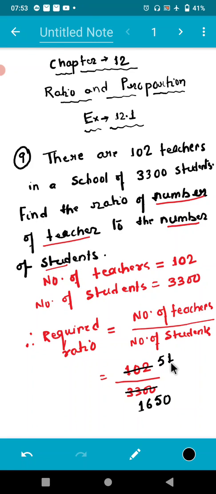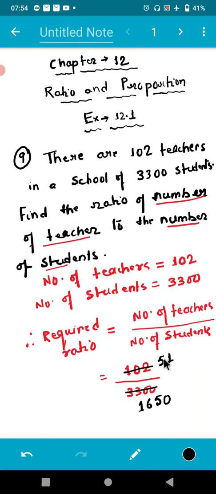51 is divisible by 3 because the sum of the digits, 5 plus 1, is 6, which is divisible by 3. And for 1650, 1 plus 6 is 7, 7 plus 5 is 12, 12 plus 0 is 12, so this number is also divisible by 3.